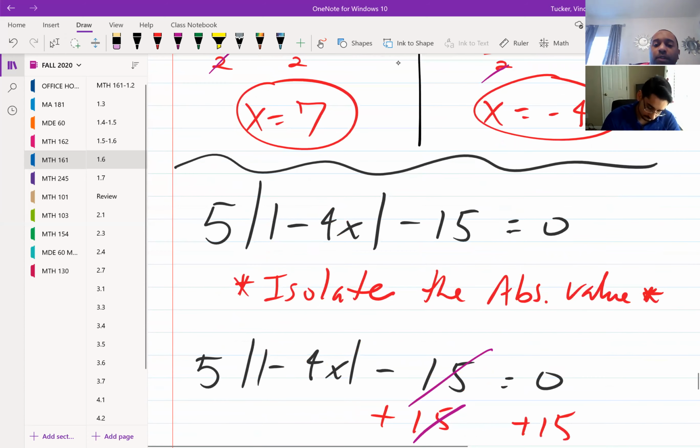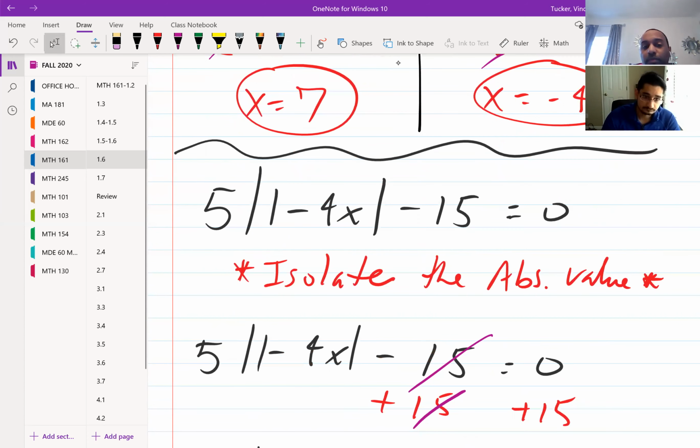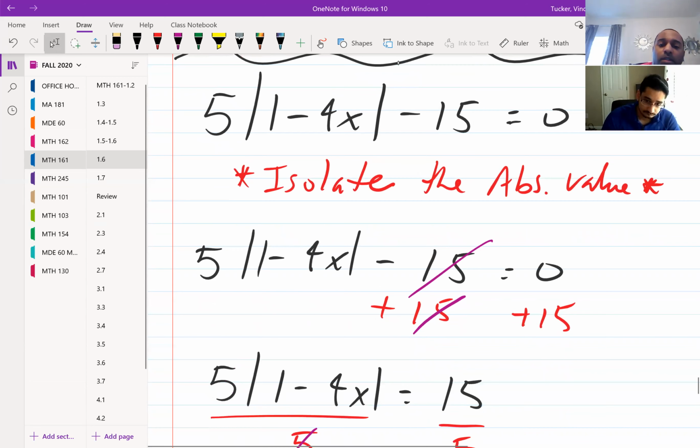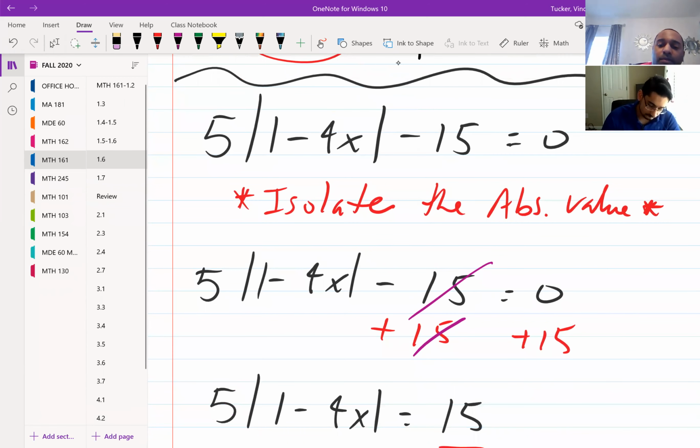So we'll add 15 to both sides. And that'll leave us with 5 times the absolute value of 1 minus 4x equal to 15.